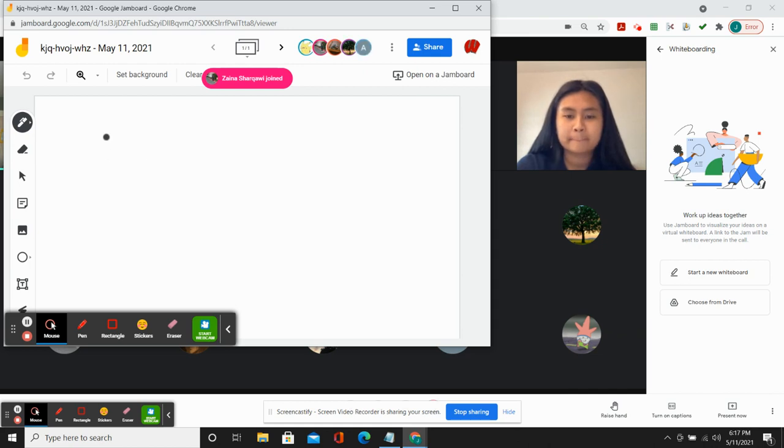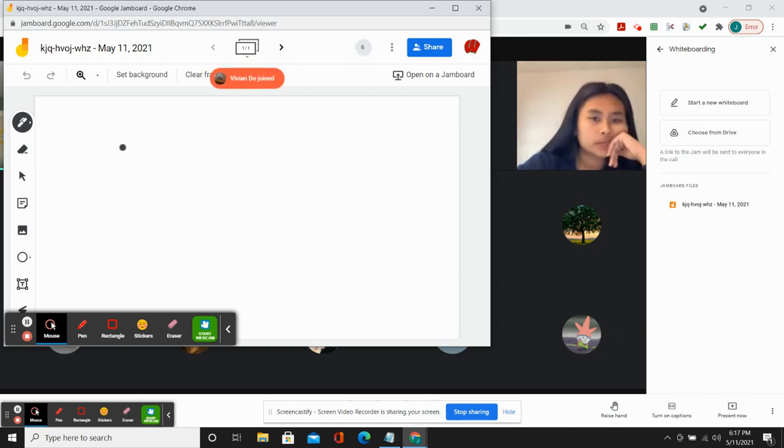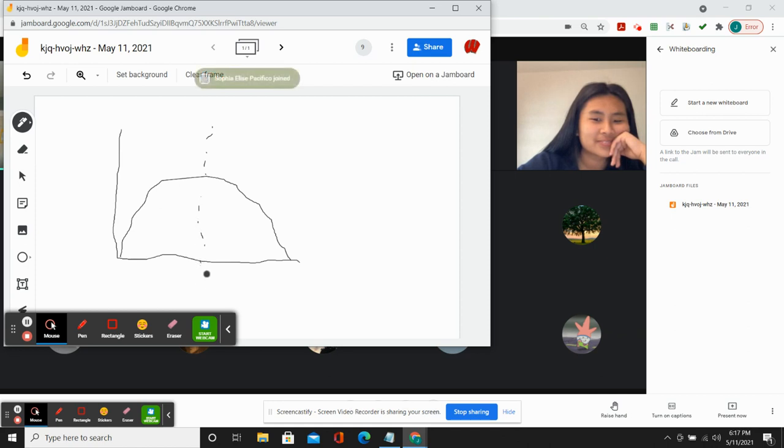Okay, so I'm going to do a real rough drawing here, just so that you guys can see. If we've got a normally distributed curve, there we go. And let's say our average is 50.